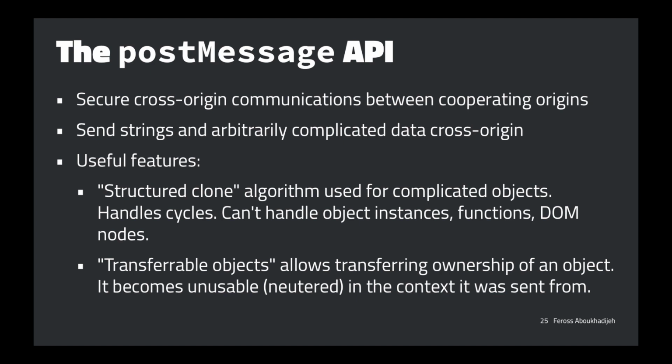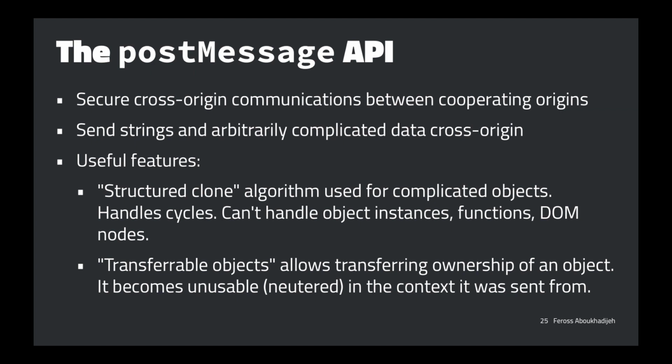So say I have a gigabyte array of graphics data or something, and I want to send it to another page. That could be really slow to copy across, because I need to give that page an entirely different copy of this data, because in JavaScript we don't have threads or any ways of sharing memory.